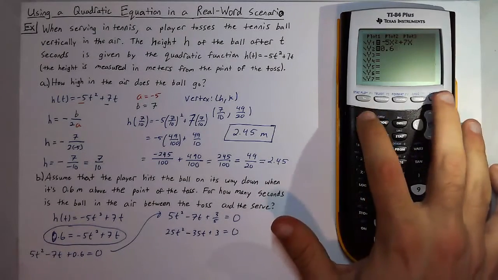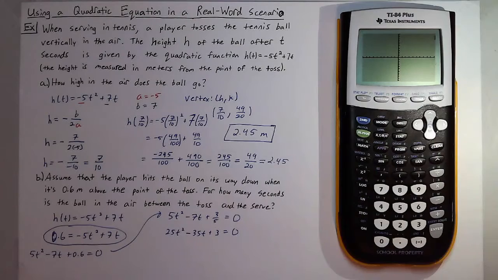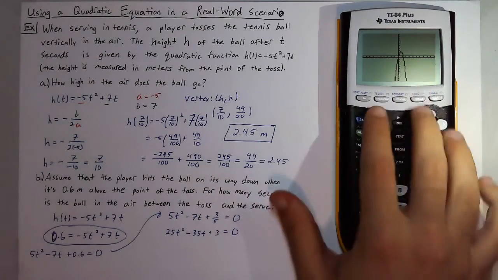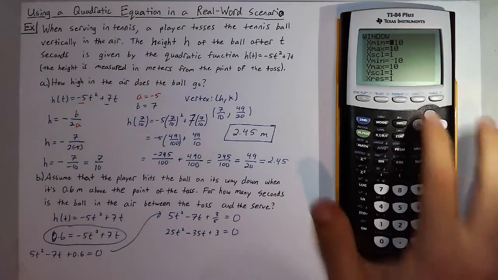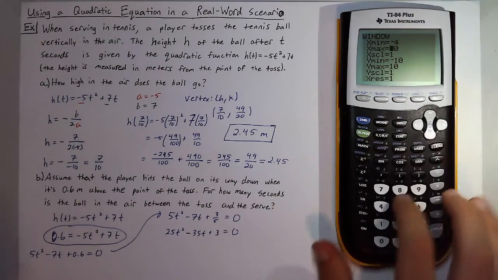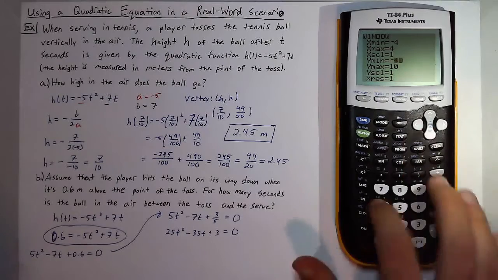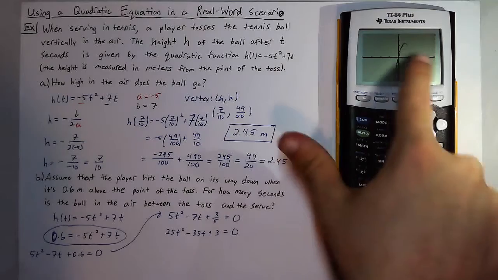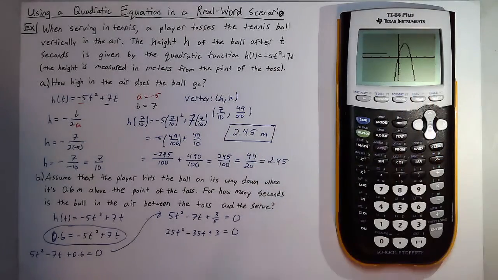If I go to graph, it'll graph my parabola and a line at 0.6. I'm going to make my window smaller so you can see that better. So I'm going to go from negative 4 to 4, and from negative 4 to 4 in my y. But you'll see here, here's the parabola, and this is that line 0.6.